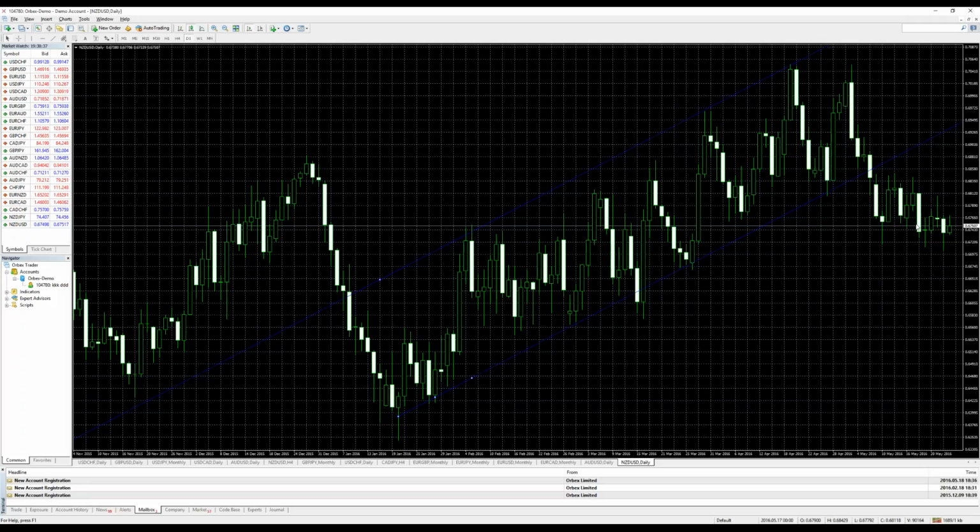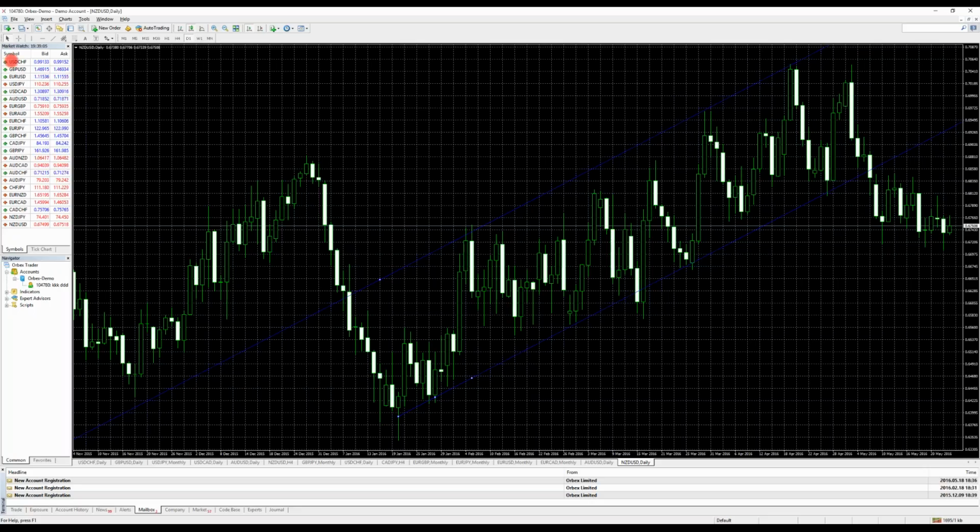Next, we're going to talk about when gold goes up, what happens to, let's say, dollar Swissy. So here's the difference between dollar Swissy over here and Aussie dollar, let's say, or Kiwi dollar. What you have to keep in mind is that with dollar Swissy over here, the US dollar is quoted first.